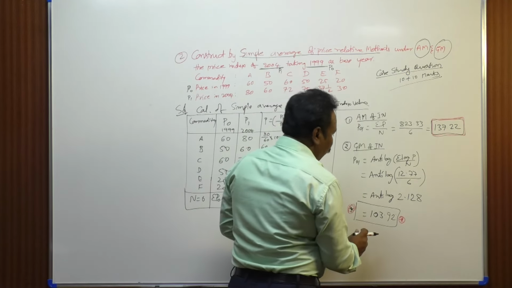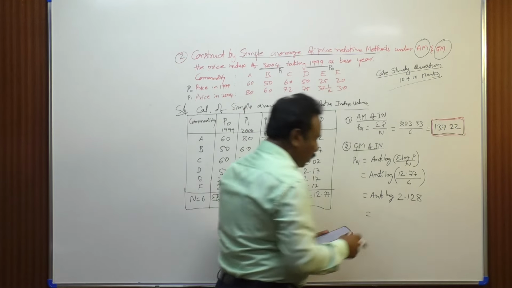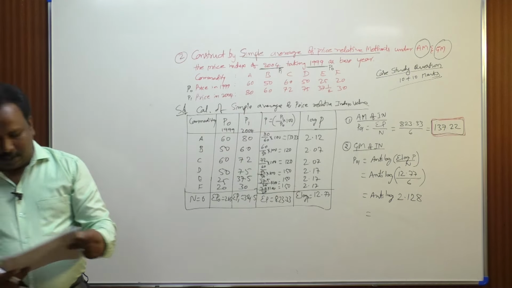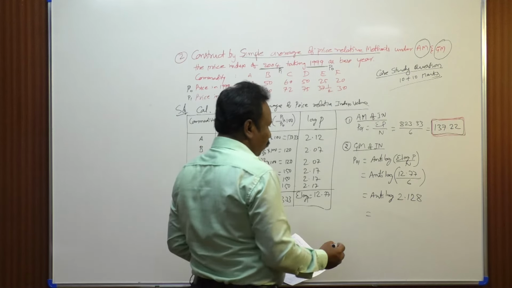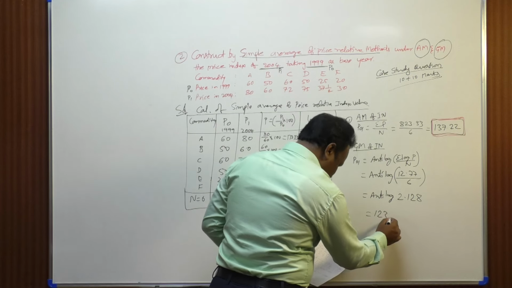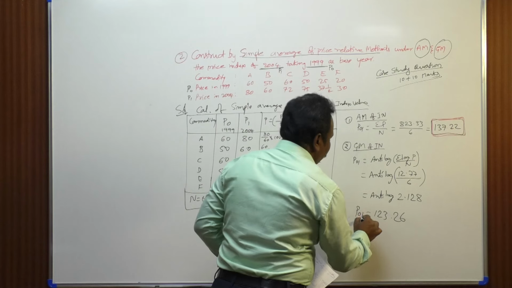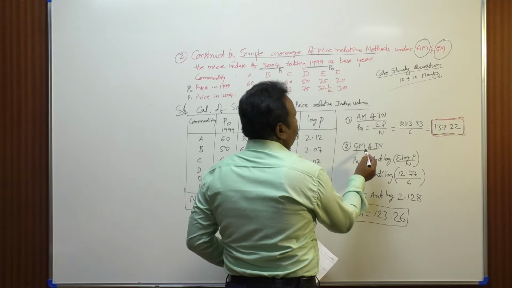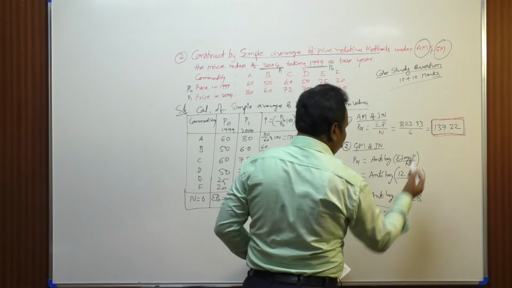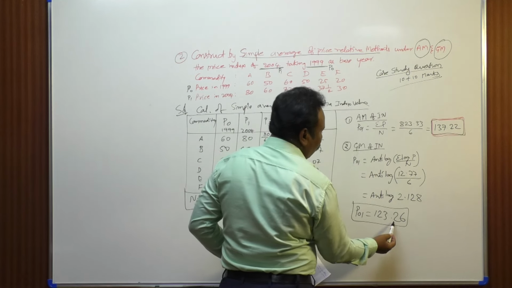So antilog of 2.128 is 123.26, so that is P01 according to the geometric mean. So, according to the arithmetic mean the index number is 137.22, and according to the geometric mean it is 123.26.